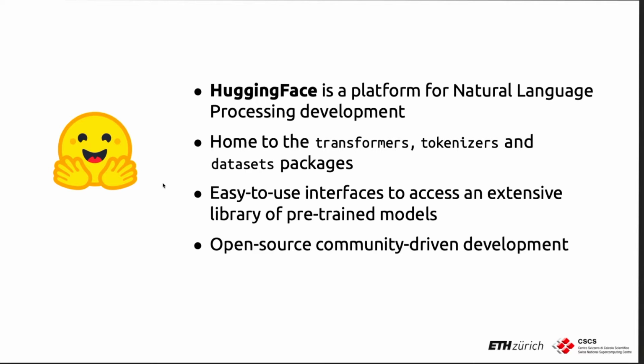It also has three important libraries. One is called Transformers, which has the implementation of the different models. Then tokenizers, which we're going to talk about right after this; it's just a way of changing the text into a representation that can be understood by the machine.